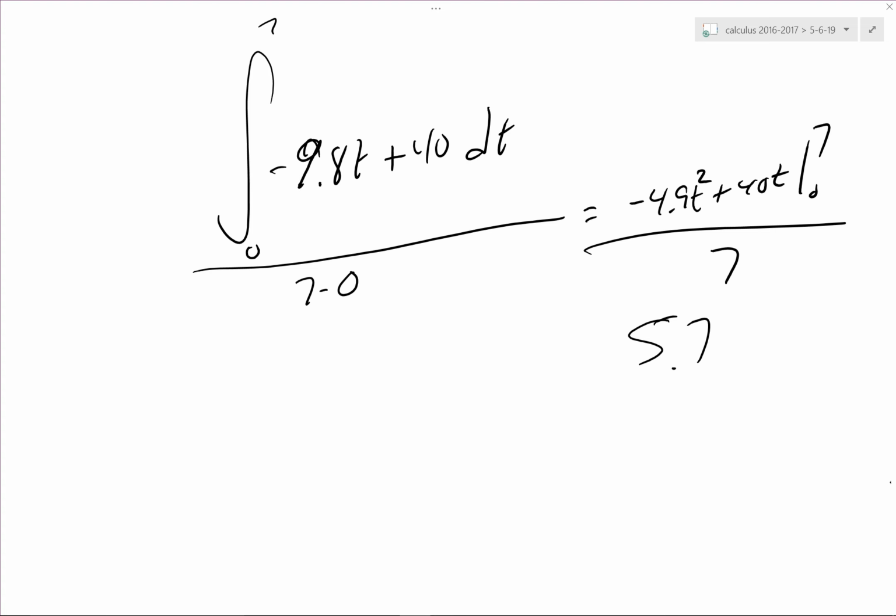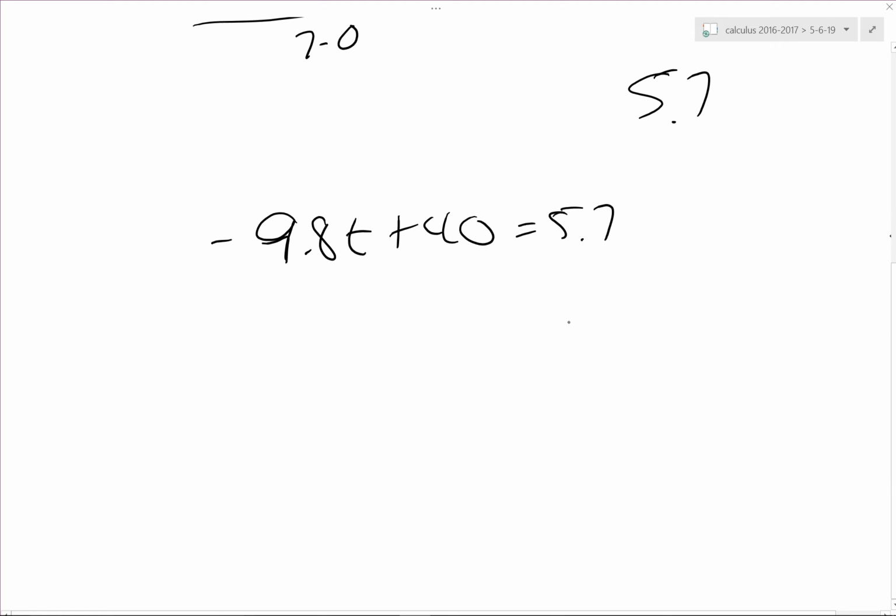Let's find out. So if you take negative 9.8 t plus 40 equal 5.7, you would do this and you'd get 34.3 negative, I think.